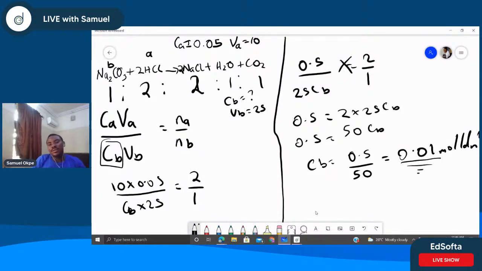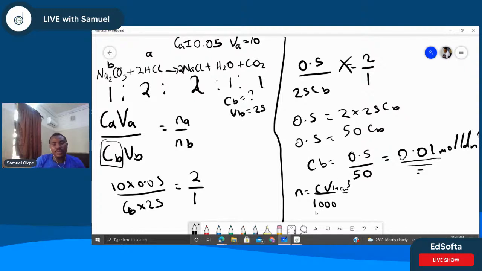But the question could have gone forward. Sometimes they ask you to find the number of moles, not the concentration. How do you find it? What you need to know is that n equals CV all over 1000, if your volume is in cm cube.